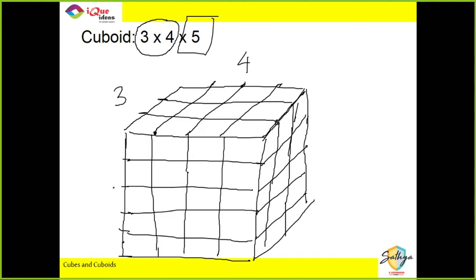So vertically it is 5. So this is a 3 into 4 into 5 का cuboid.